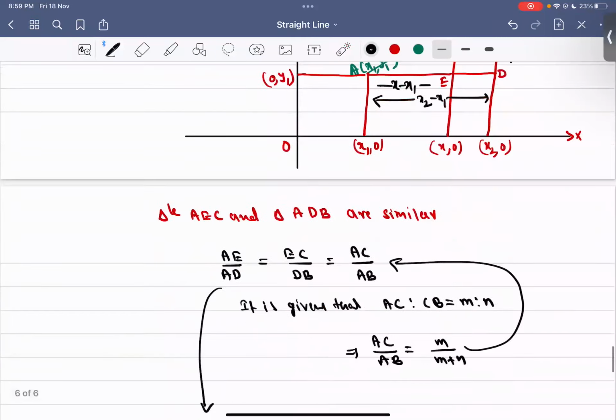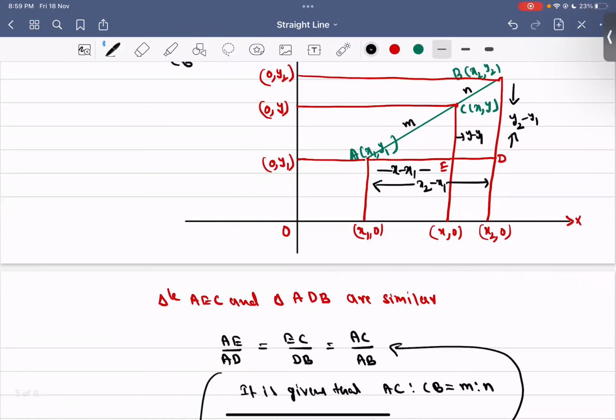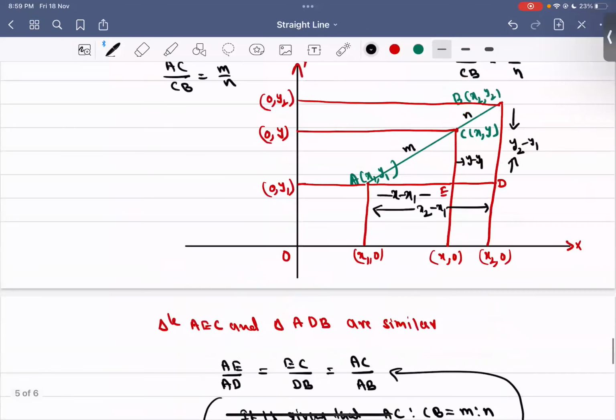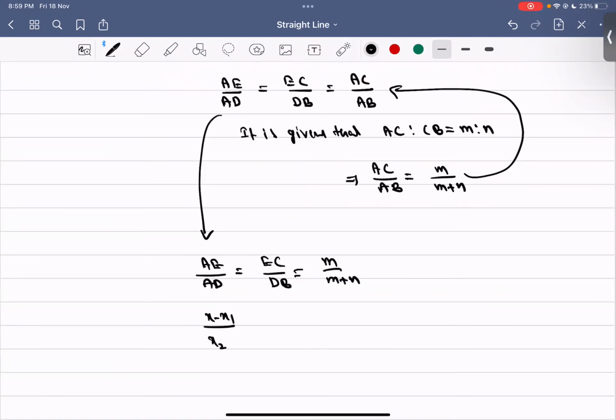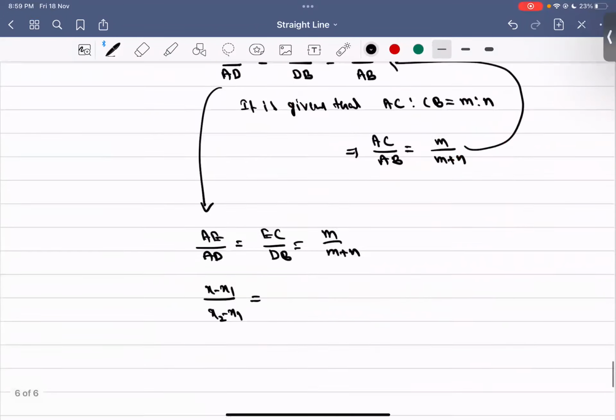So if you put all these things in this relation, AE is what from the diagram? X minus x1. AD is x2 minus x1, and EC is y minus y1.